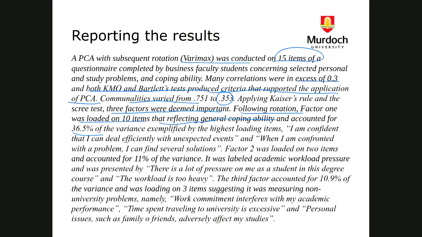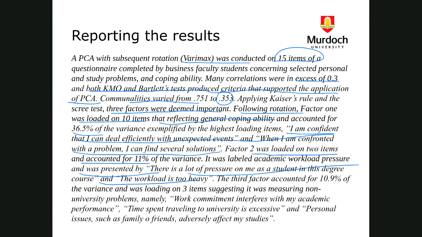Exemplified by the highest loading item, and then you have to mention some of the items included in that factor. Then factor 2 was loaded on 2 items, accounted for 11% of the variance. It was labeled academic workload pressure and was represented by the two items included in that factor.